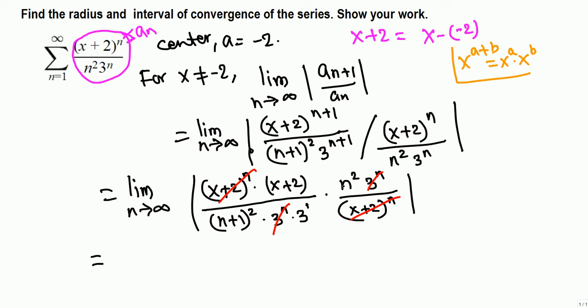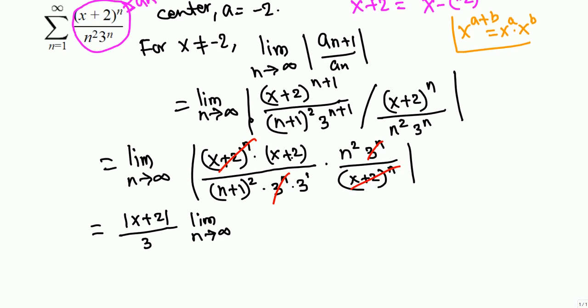Next, let's look at the limit as n goes to infinity of (x plus 2) n squared on the top, 3 (n plus 1) squared on the bottom. Since x plus 2 and 3 are independent of n, we can pull them all the way outside, with absolute value: absolute value of x plus 2 over absolute value of 3, and the limit as n goes to infinity of what is left inside, n squared over (n plus 1) squared.